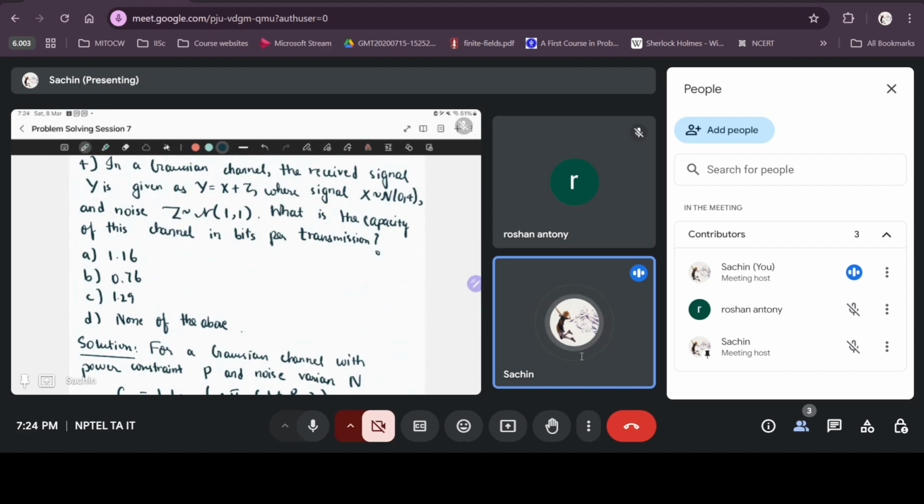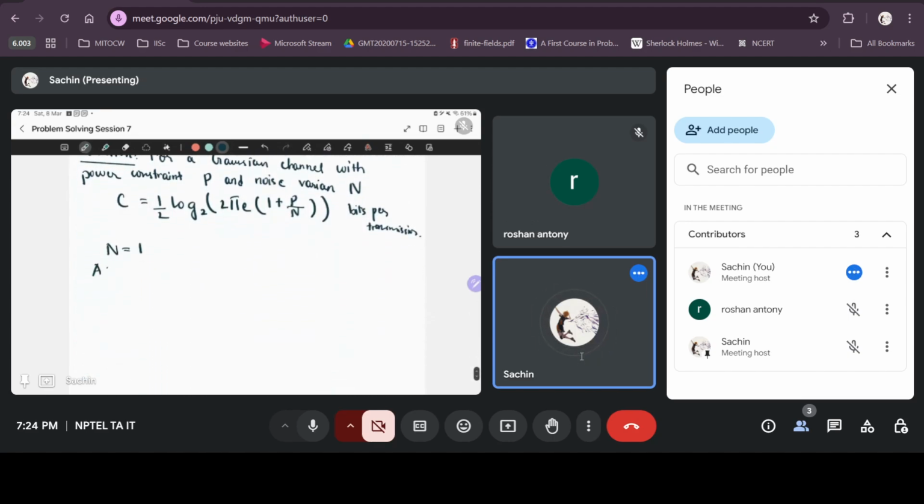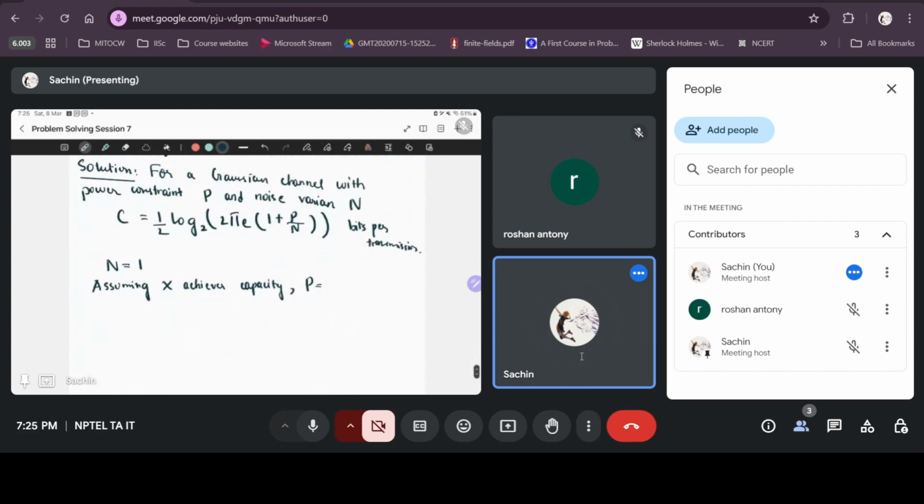So since they have not given anything here, assuming X achieves capacity, the P here is the power constraint, which is the variance of the input signal, which is 4.